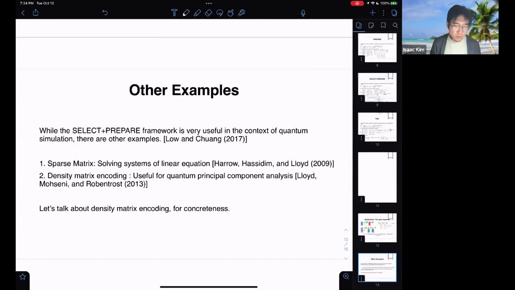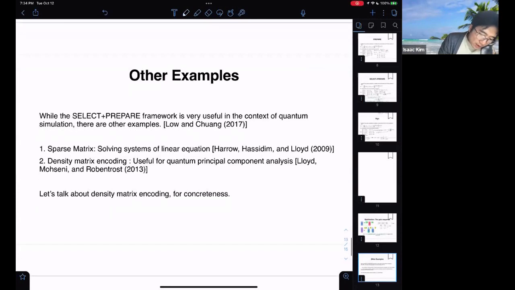So just to reiterate, what we did was that we constructed W_H such that if you apply this to a state, then you get this desired operation.